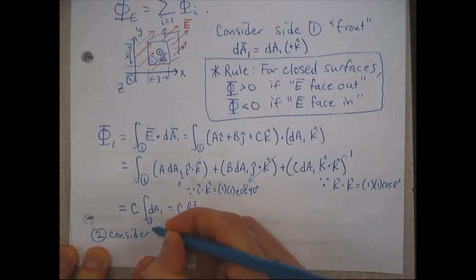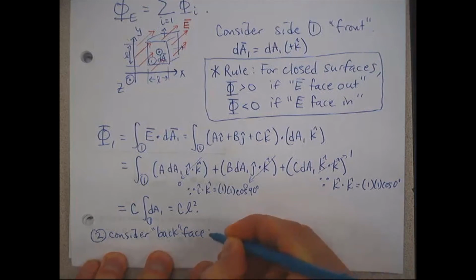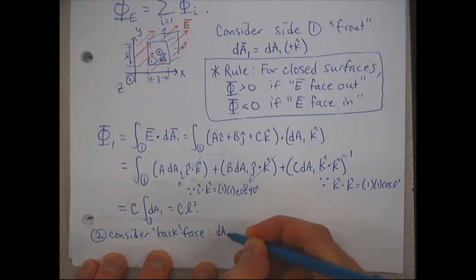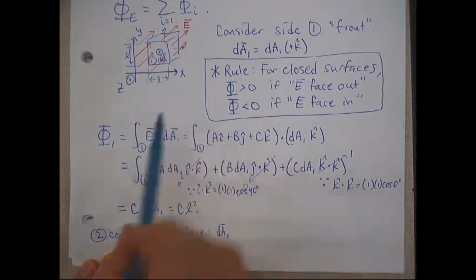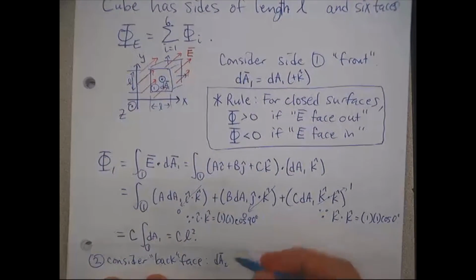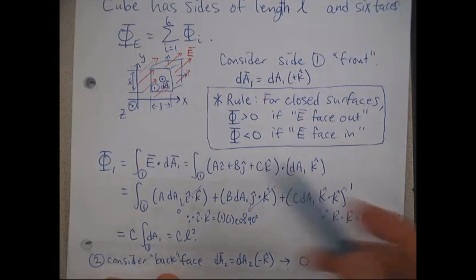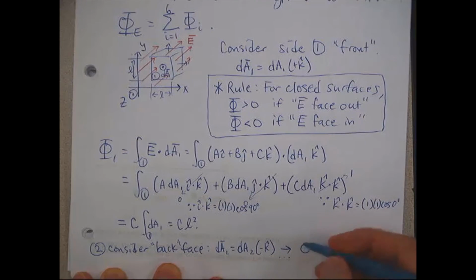The back face, which I'm calling 2. Your dA vector will be similar to this one, except it will point in the negative z direction. It's facing outward from your surface always, so dA2 is magnitude times minus k hat. You can go through the calculation we just went through.